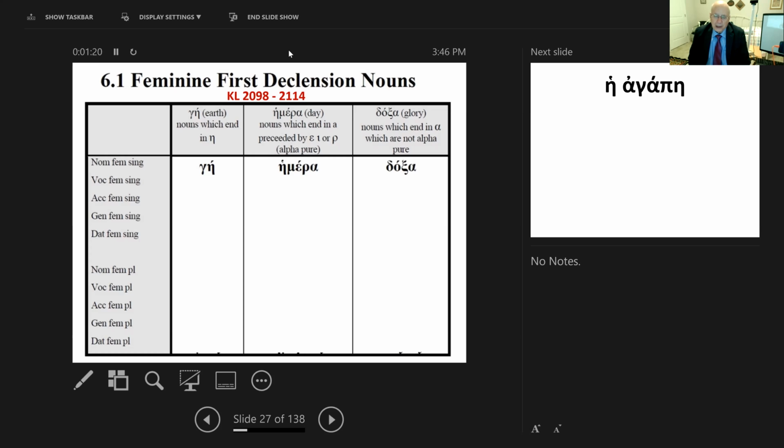Hora with omega at the beginning. But because the stem ends in rho, hora, it's also alpha pure. It's an Old MacDonald noun. He also uses the word doxa here, so 2 of Dr. Campbell's example words are the same as ours.